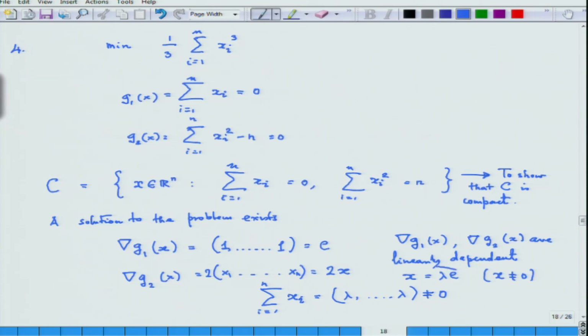So any such x cannot be feasible. You see, just from the problem conditions, we are able to figure out whether all the Lagrange multipliers are normal or not.